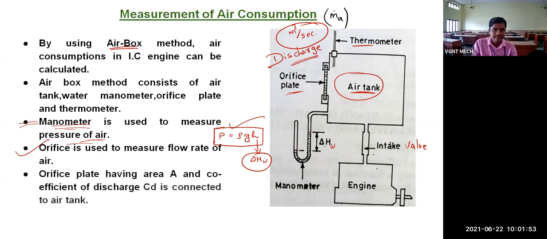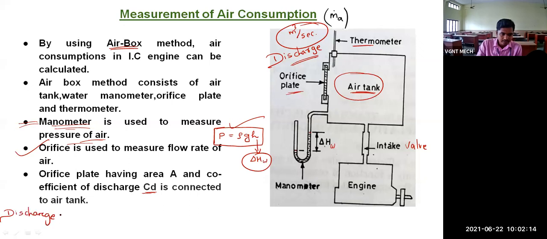Orifice plate having area capital A and coefficient of discharge CD is connected with the air tank. With the help of this orifice, what we have to measure? We have to measure the discharge. And how to measure the discharge?